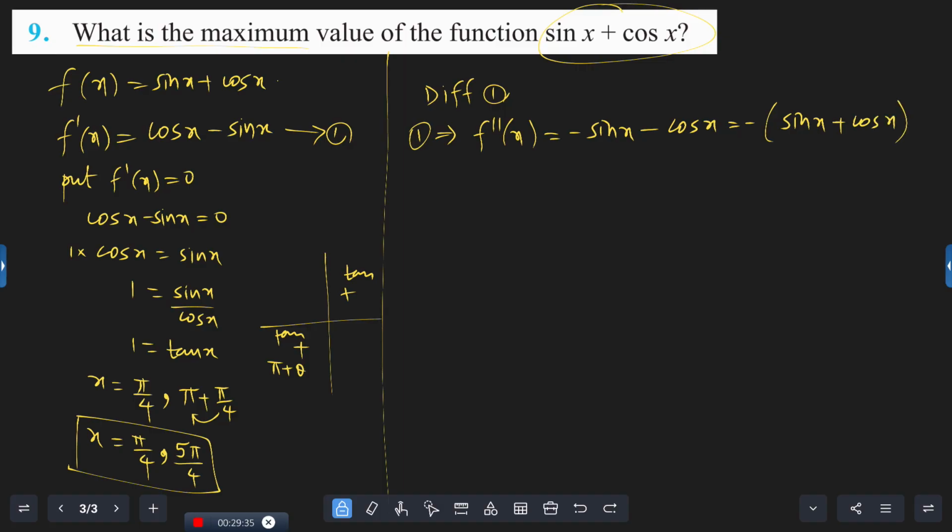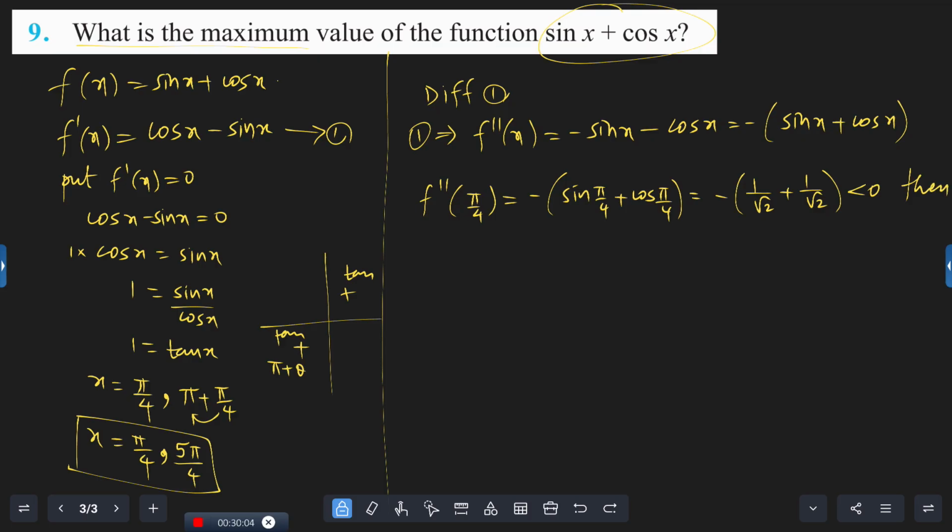Now you have to check whether it is less than 0 or greater than 0. First f double dash of pi by 4, I am substituting here. So minus sin pi by 4 plus cos pi by 4, which is equal to minus 1 divided by root 2 plus 1 divided by root 2, which is less than 0. Now what can we say? f double derivative less than 0, now what can we say?